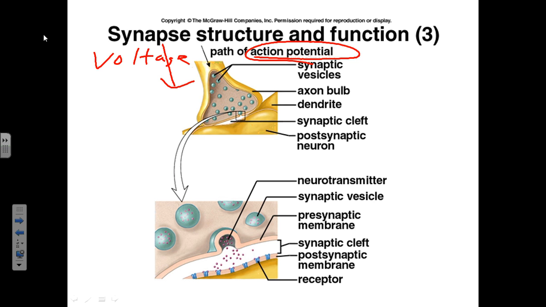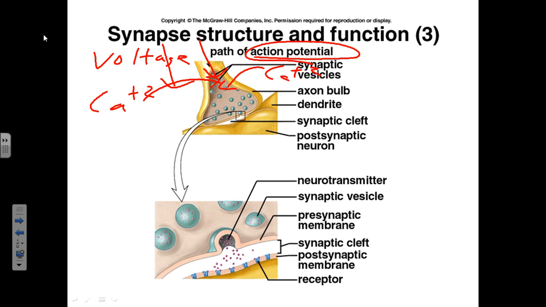As that electrical signal travels through the neuron, it causes little gates to open up right before the end of the axon. Gates that are specific to calcium ions. So as that impulse gets near the end of the neuron, calcium rushes into this axon. Calcium ions, they rush in.